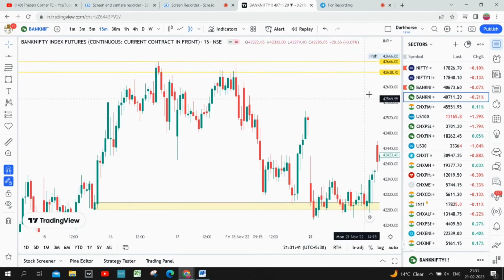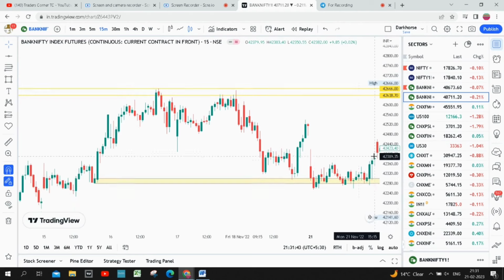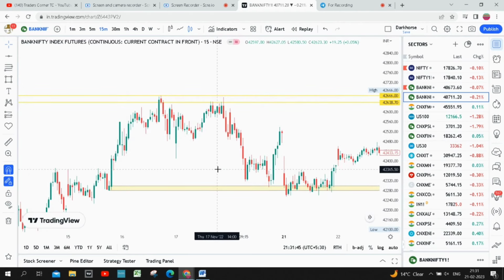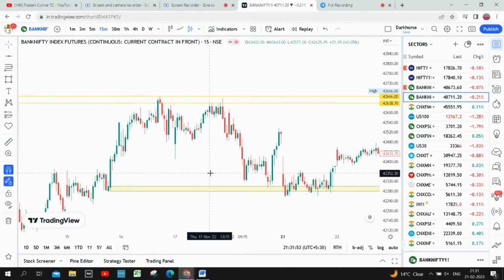So this is what I want to convey today: how to identify a strong buying or selling zone for Nifty and Bank Nifty. A simple way to identify a proper entry point is identifying a strong green candle, or a strong red candle for sell. For buy, it is a strong green candle, and for sell, it is bigger red candles.